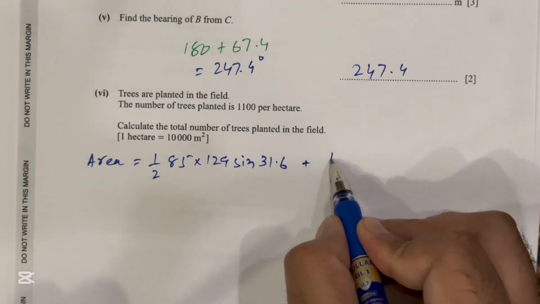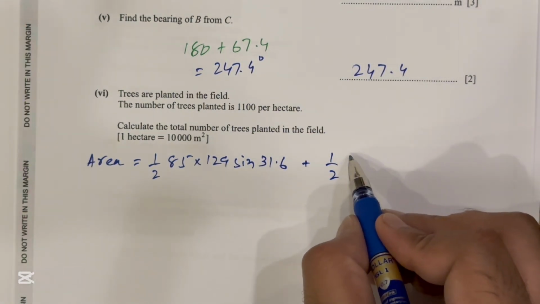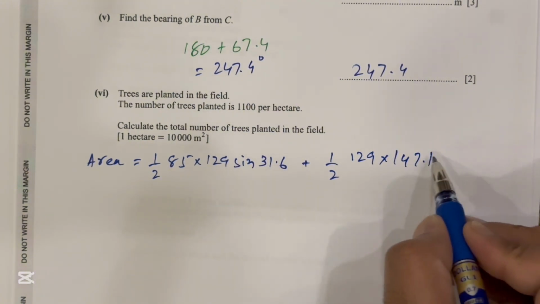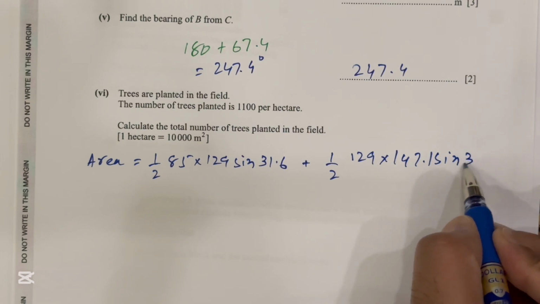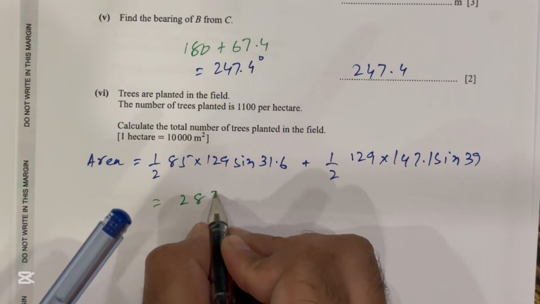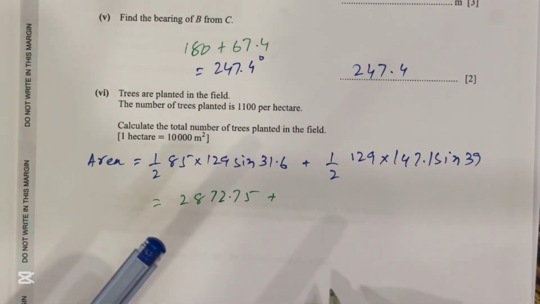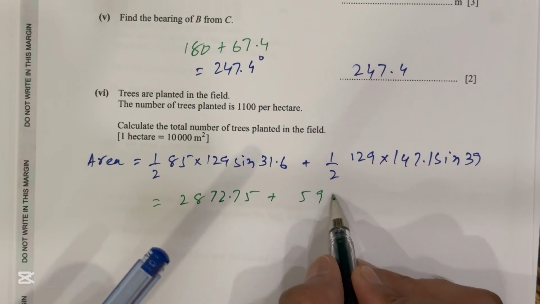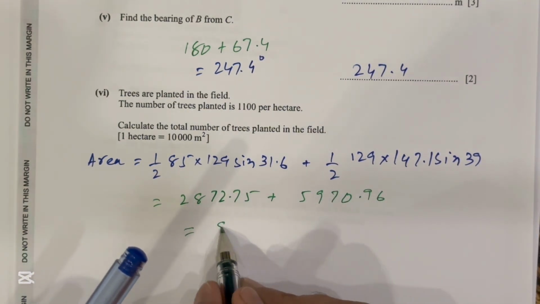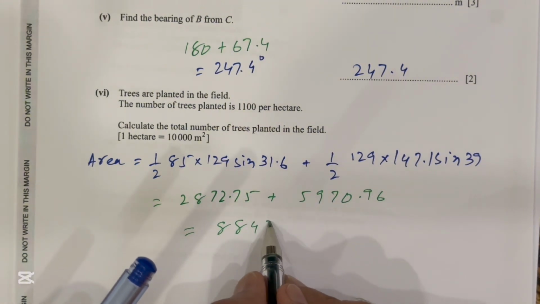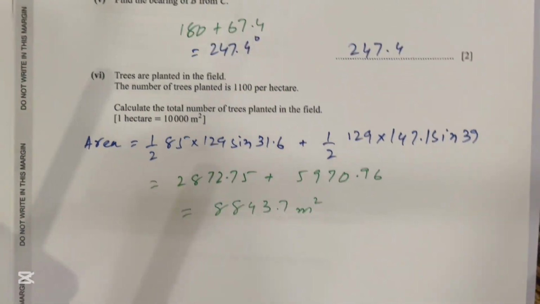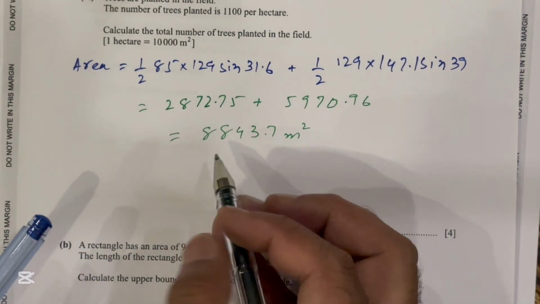So plus 1 over 2 into 129 into 147.1 and sine 39. First part answer will be 2872.75, and for the next part the answer will be 5970.96. After adding those two areas, the total area would be 8843.7 meter square.